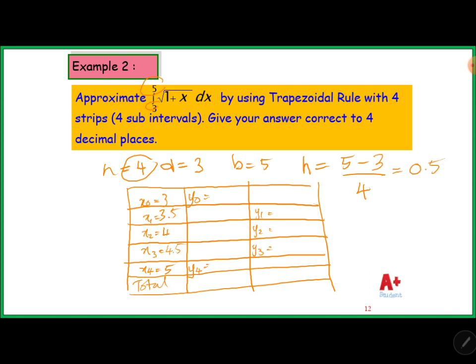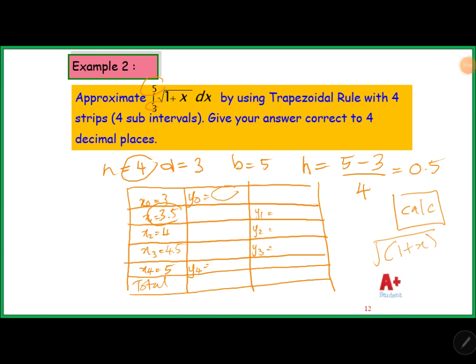How? You use the calculate function. We have the function square root of 1 plus x, and you put calculate and substitute the value of x, which is 3, and then equal, so you get the value for y0. Then put calculate again, but don't put answer. We substitute the value of x, 3.5. So it's not like the numerical, but we can use the same method of the calculator.